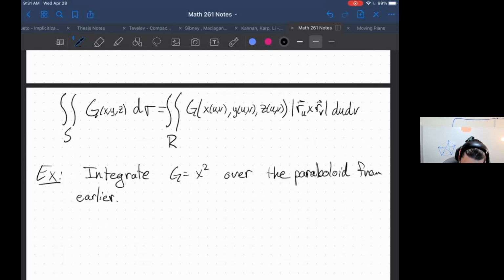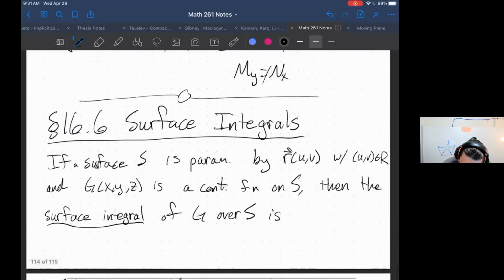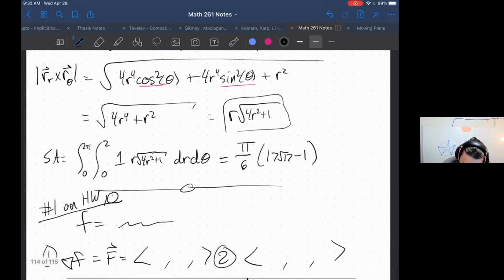Right, so again, we can scroll up just to recall what the paraboloid bounds were. 0 to 2 pi, 0 to 2, 4 square root of r, square root of 4r squared plus 1.